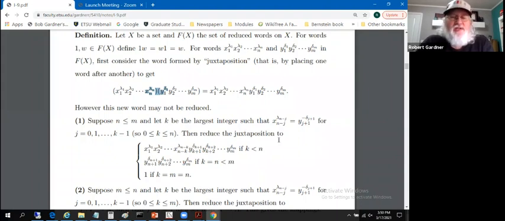Then reduce the juxtaposition to the following. So I plug in j equals k minus 1. Maybe we'll look at the subscript on the y's, they are a little bit easier to process. So the last y letter canceled, that is when j equals k minus 1, would be y sub k.